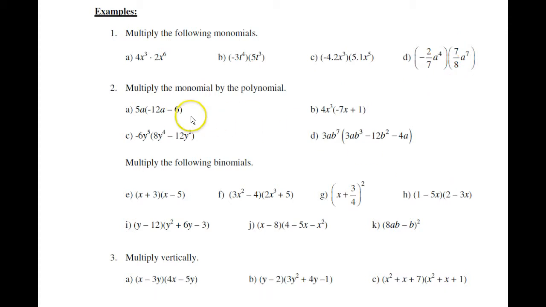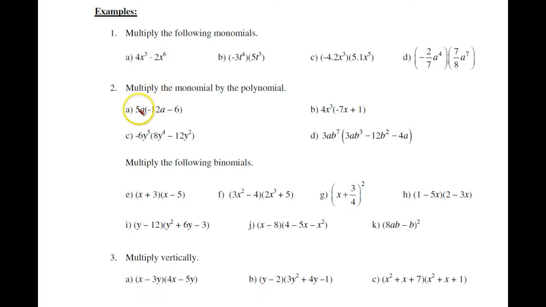Okay, continuing. Now we're going to multiply a monomial, which is this out here, by a polynomial, which is what is inside the parenthesis. And if you recall from chapter 1, I believe, we talked about the distributive principle, and that's what we're doing.